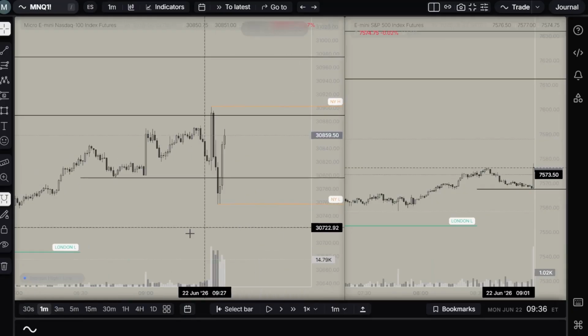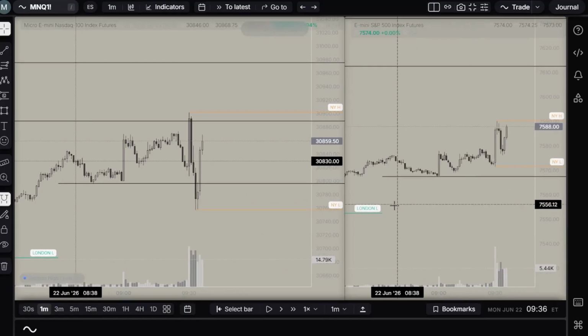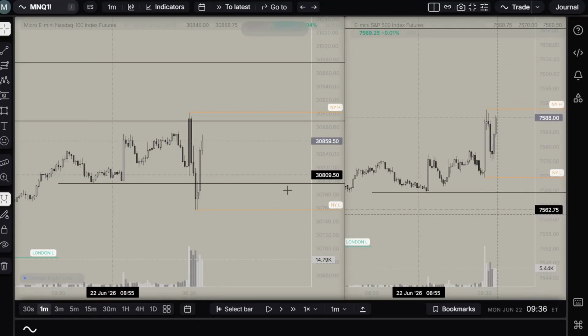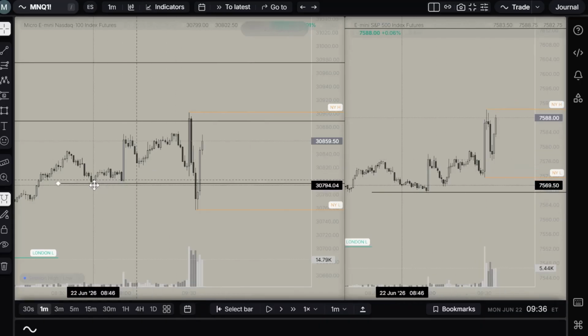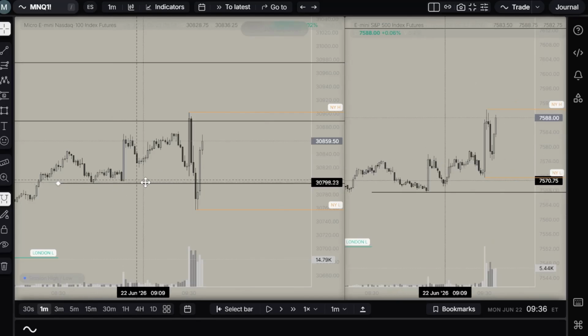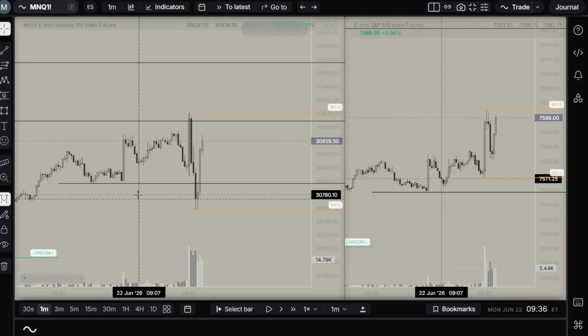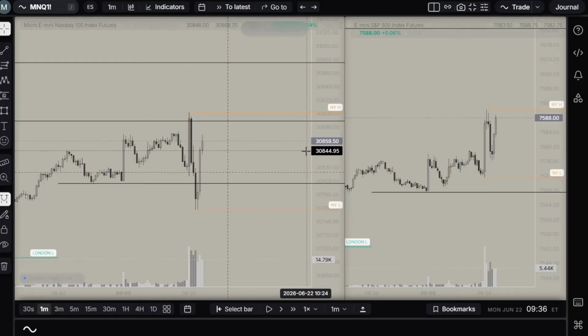If this fails, bro, ES is hella bullish, bro. And we have an SMT with these lows as well. SMT is also a very good confluence to use. You have an SMT with those lows as well.